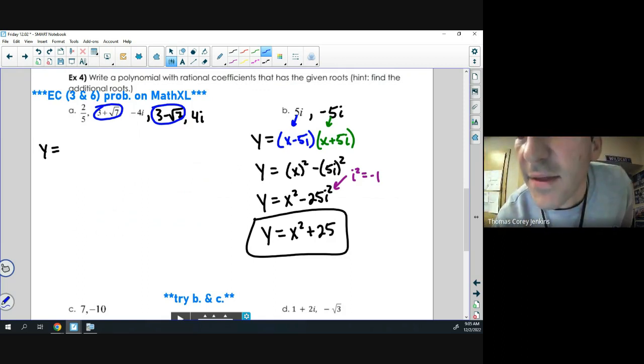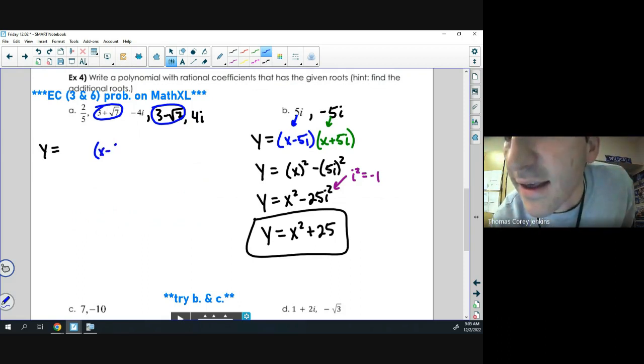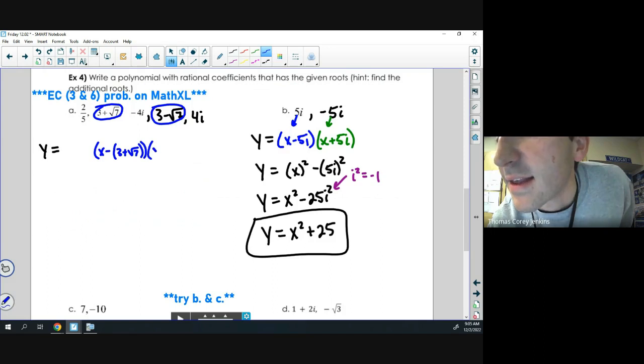Here's basically how you would set those up. I'm going to leave a little space for the 2/5 one. Start here. So you'd have x minus what I have circled. So x minus 3 plus square root of 7. And then x minus 3 minus square root of 7.